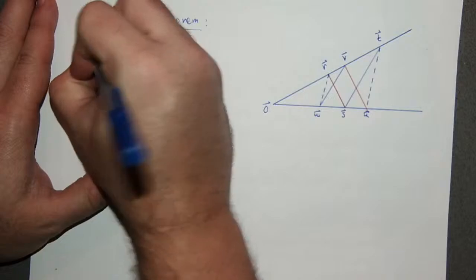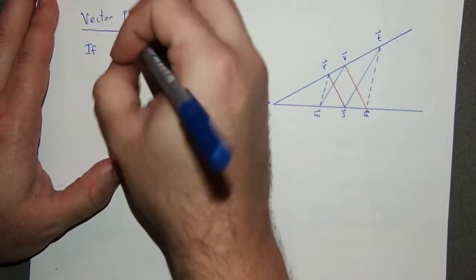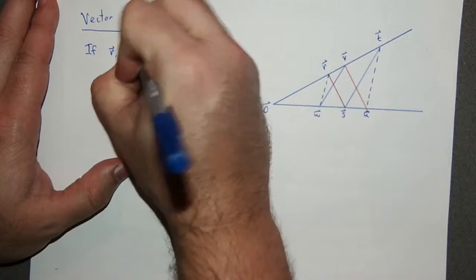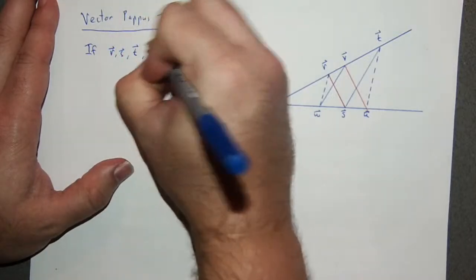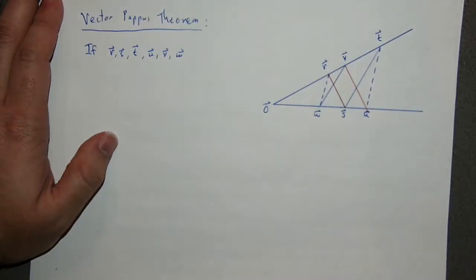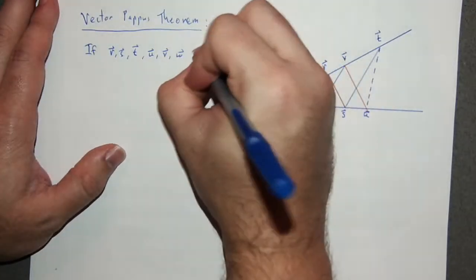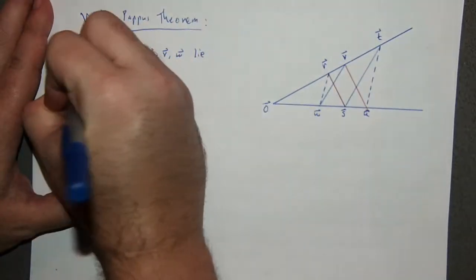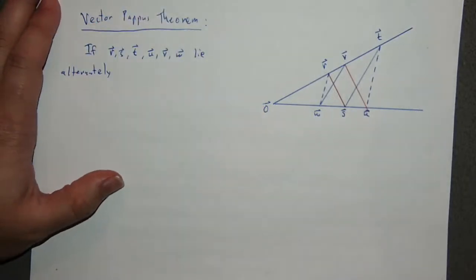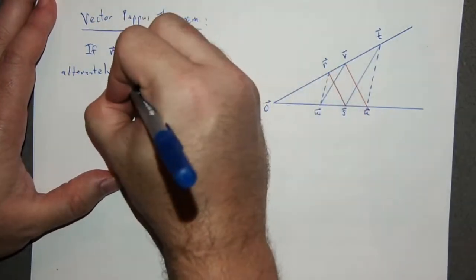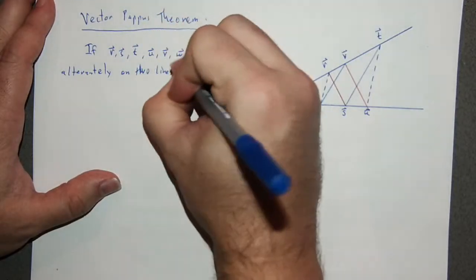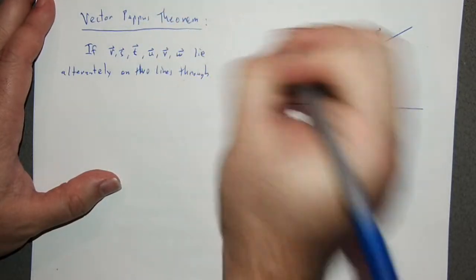If R, S, T, U, V and W lie alternately on two lines through 0. What do we mean by lie alternately?